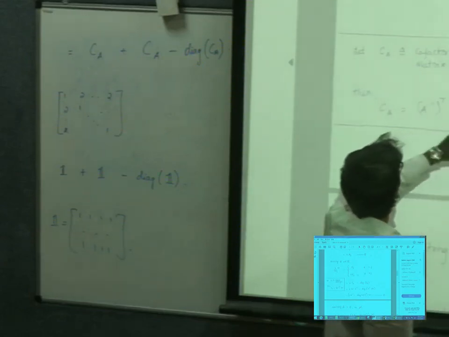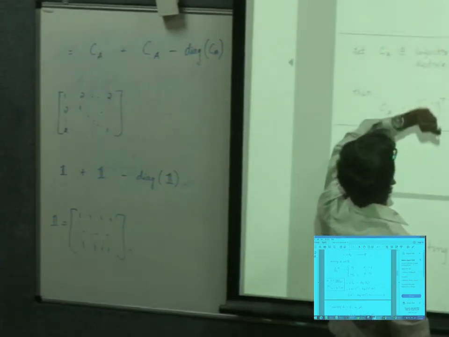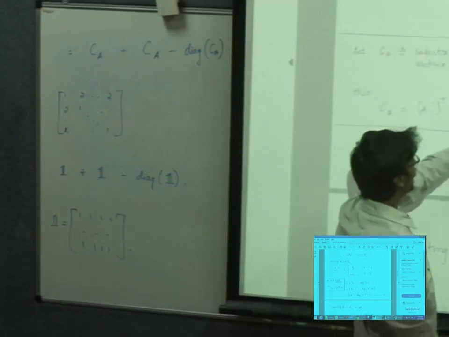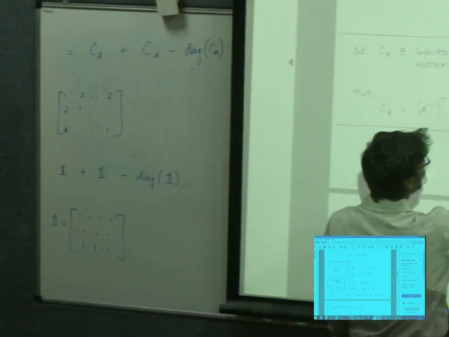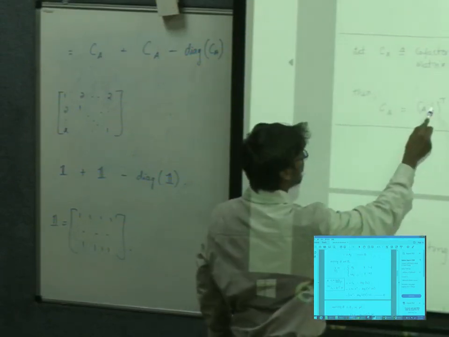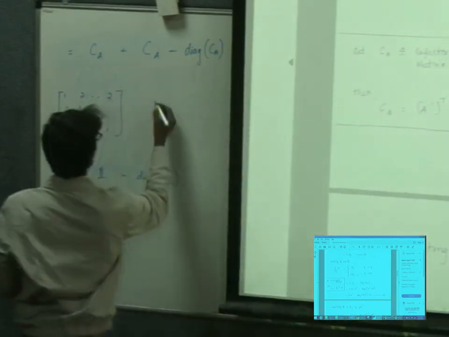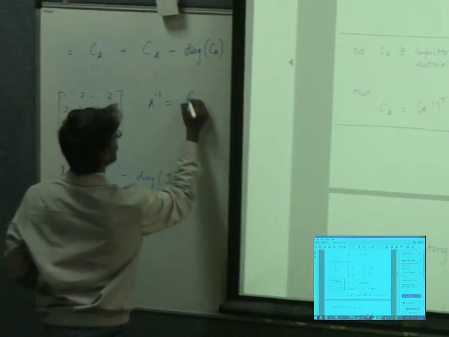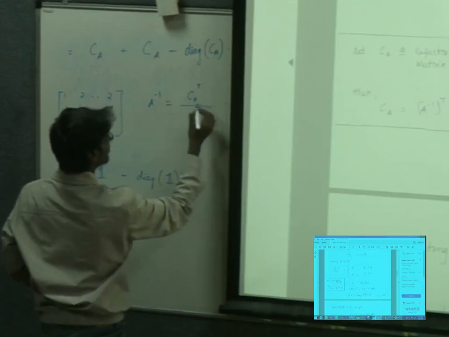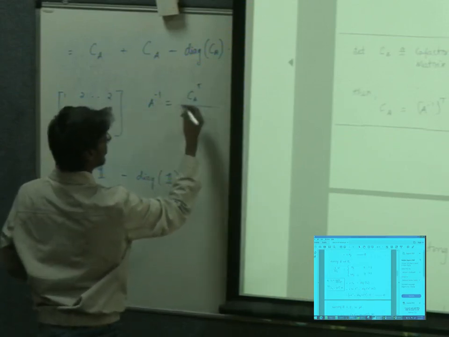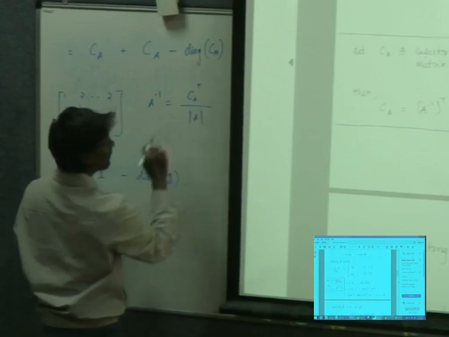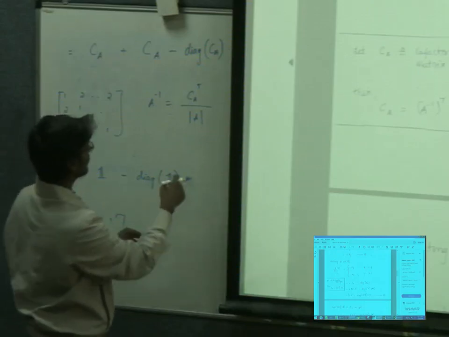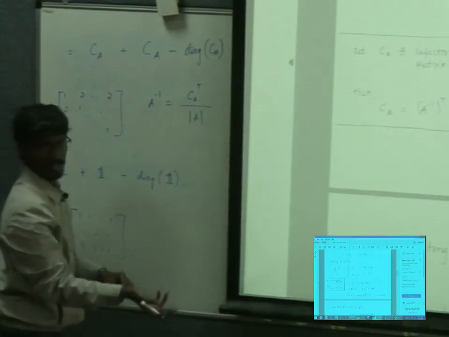For the derivative of the determinant with respect to the matrix, now we'll try to simplify it further. We know that the cofactor matrix transpose is nothing but the adjoint of A. In your childhood you might have seen that adjoint of A is the transpose of the cofactor matrix, divided by the determinant of A. Now you take things to the other side, and you know that this is a symmetric matrix.